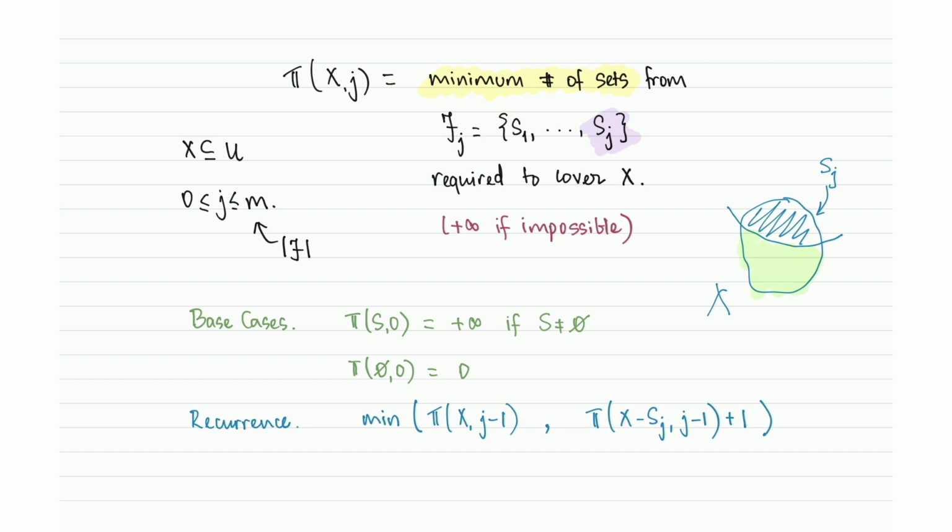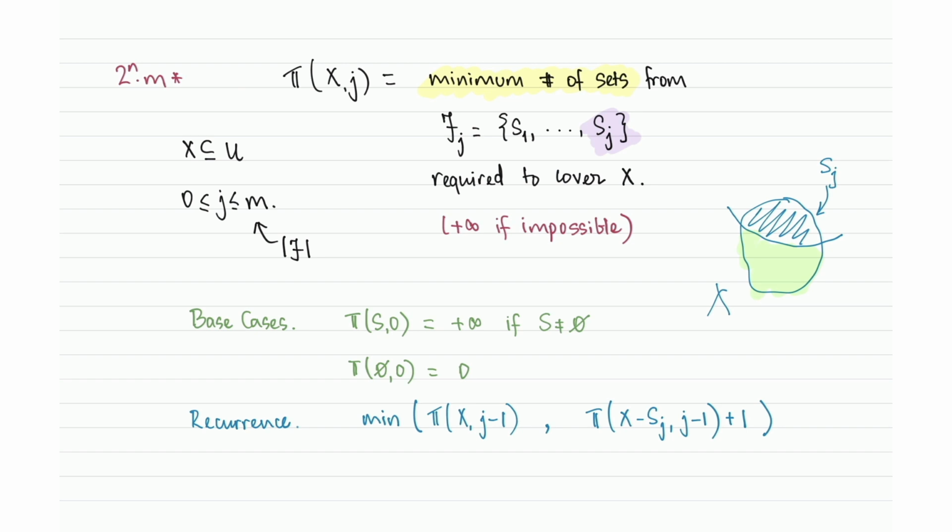Now that we have completed the recurrence, this really is it. And you also know that the running time of this algorithm is going to be the number of table entries, which is 2 to the n times m, multiplied by the amount of time that you need to compute each table entry. Now, the computation of each table entry can be derived by just staring at this recurrence for a bit.